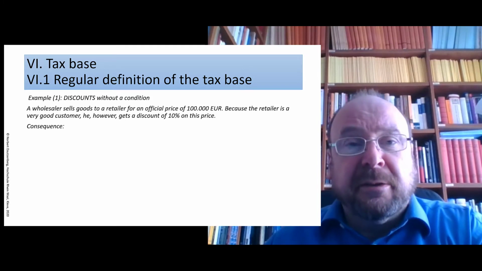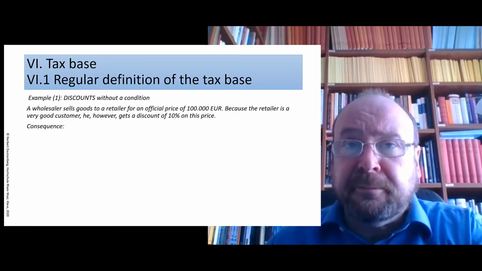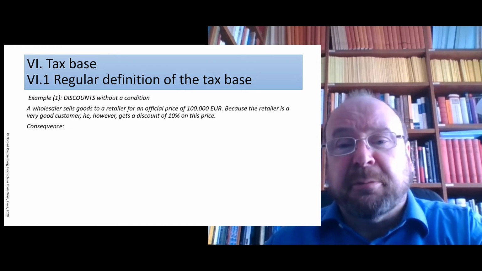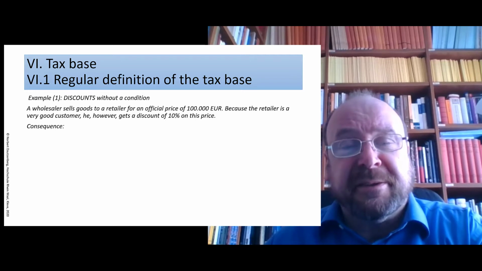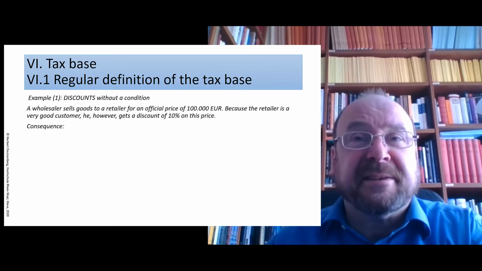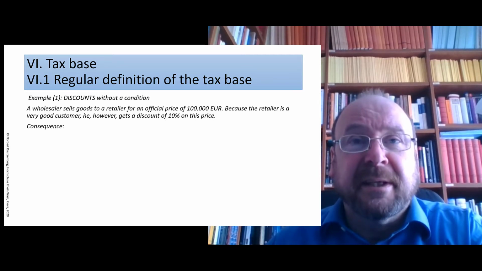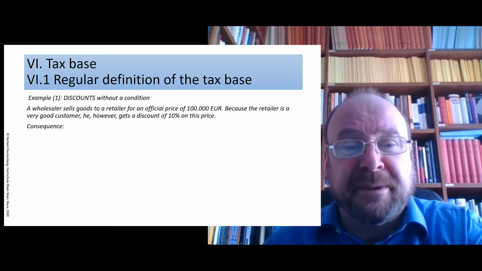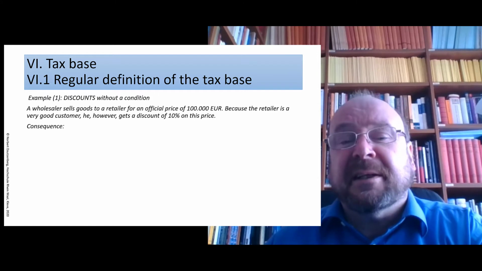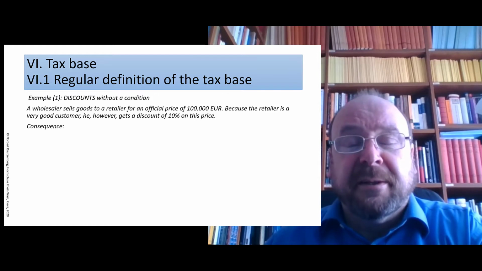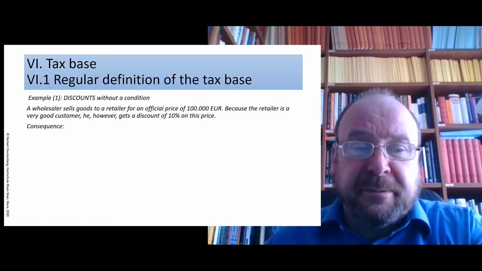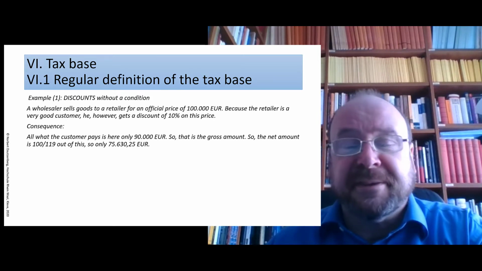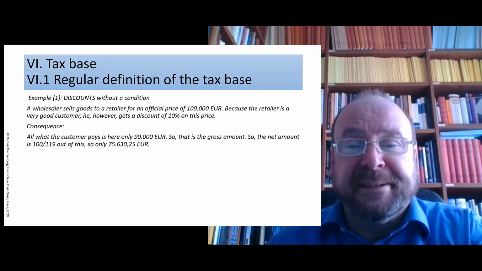So you go to a wholesaler as a retailer, and the official price of the goods which you buy there is 100,000, but the wholesaler says you are a good friend, and then he gives you a discount of 10%. Now the consequence is that all the customer pays here for the goods is only 90,000.